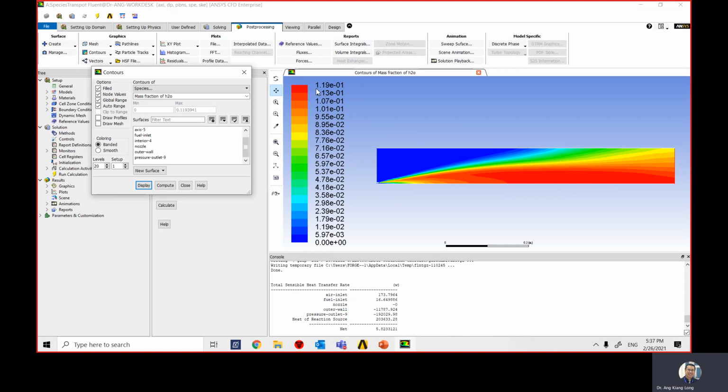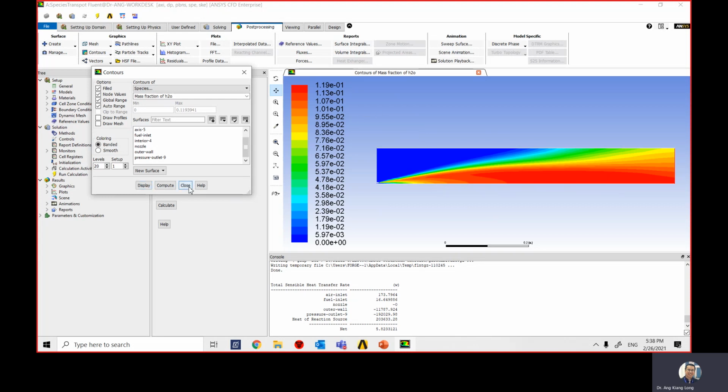The water is 0.01% of the total mass that you have here. Okay, so from these three contours, you can see the percentages of the combustion process.